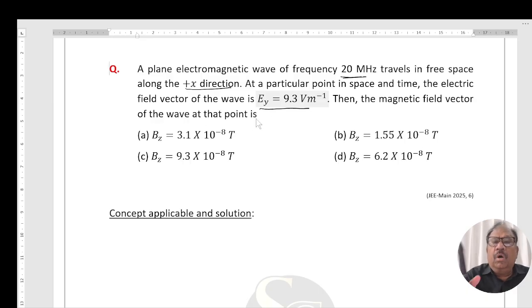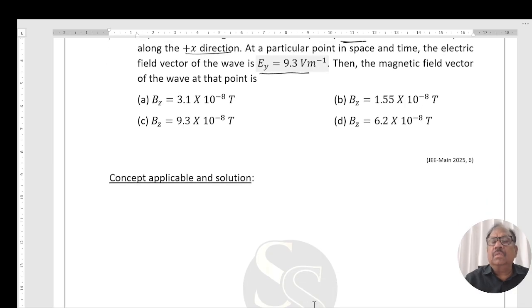Now, orally we give the answer: direction of propagation is positive x-axis, E is along y-axis, then B will be along the z-axis. So Bz, and E naught over B naught equal to C. Simplify this, whatever answer comes, that is the answer.